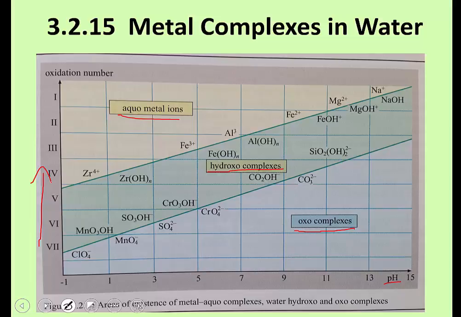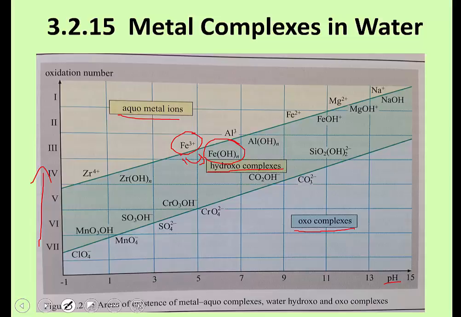And this becomes interesting because you can actually move things around from one to the other based on the pH. So notice, for instance, I've got iron 3+ ion and I've got iron hydroxide. And depending on the pH, okay, and it's saying it can be a different oxidation state for that one. It could be 2+ or 3+ for the hydroxo complex.